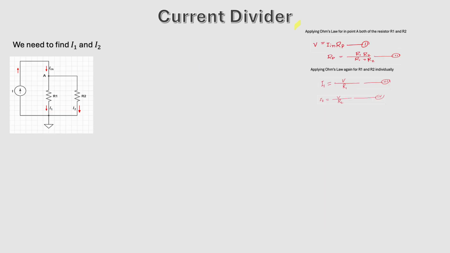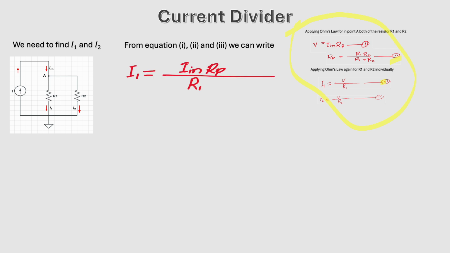So all these equations I just summarized here, and then from equations 1, 2 and 3 we can write I1 is equal to I in times Rp divided by R1. So we just replace the value for V with this value, V is equal to I in times Rp from equation 1.